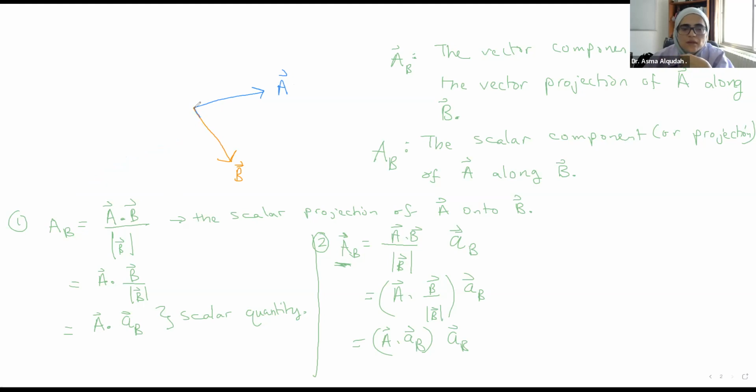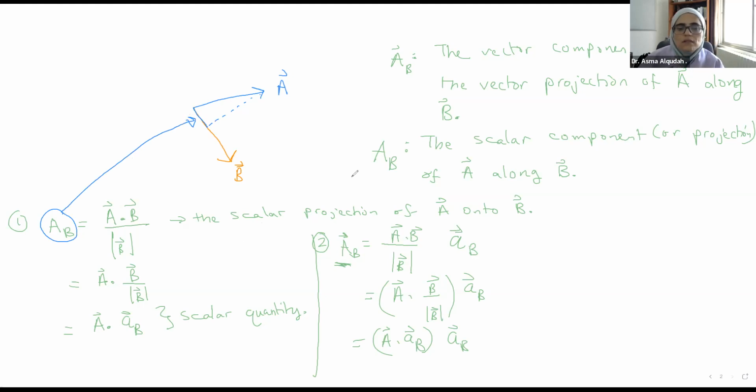It doesn't have to finish the whole length of B. It's just a projection of A. Okay, like this. So this is A sub B, which is a scalar quantity.